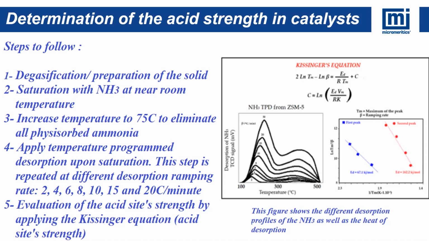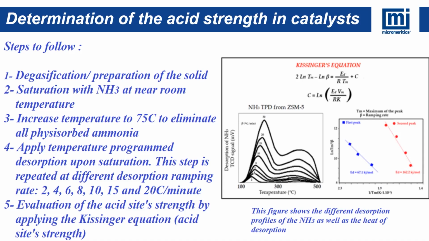Then we saturate the sample with ammonia at or near room temperature. Once the sample is saturated with ammonia, we increase the temperature to 75 degrees C to eliminate all physisorbed ammonia. It's very important to go to 75 degrees C because ammonia is almost liquid at room conditions. It can condense on the surface of the support, so we have to eliminate all this physisorbed ammonia.